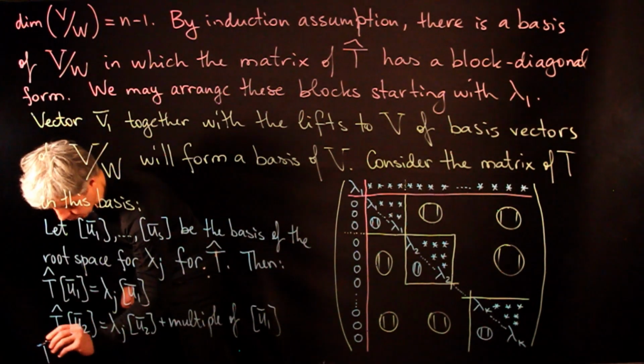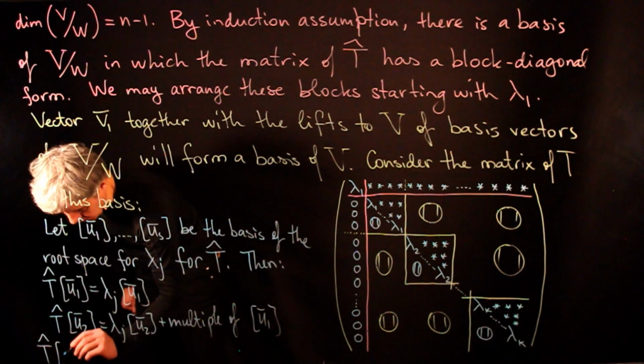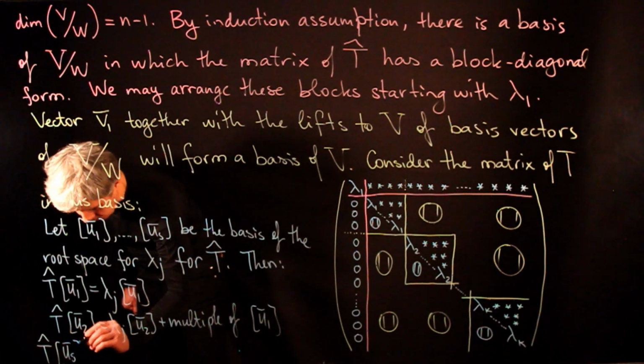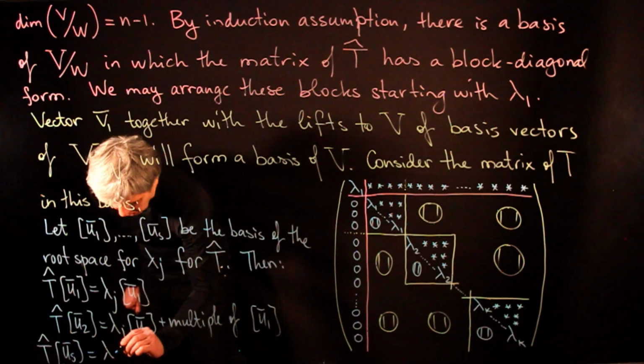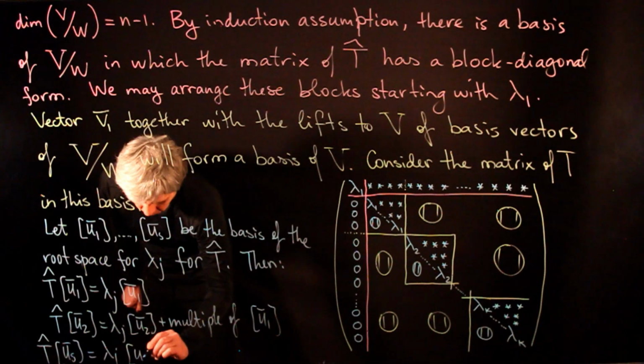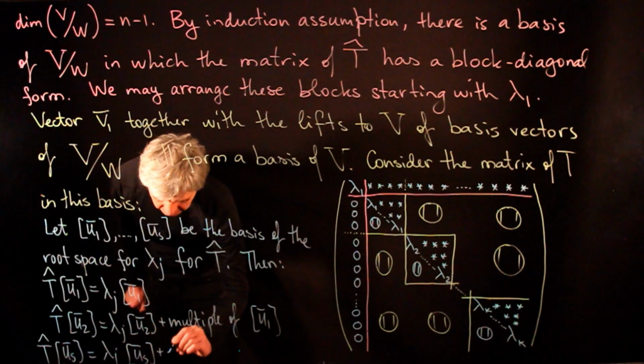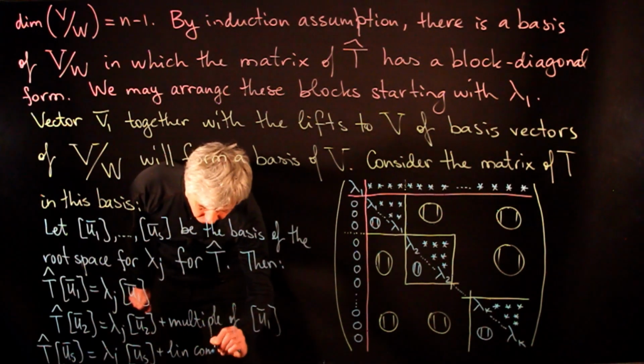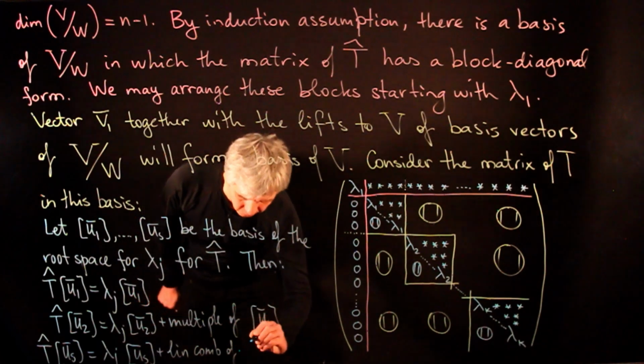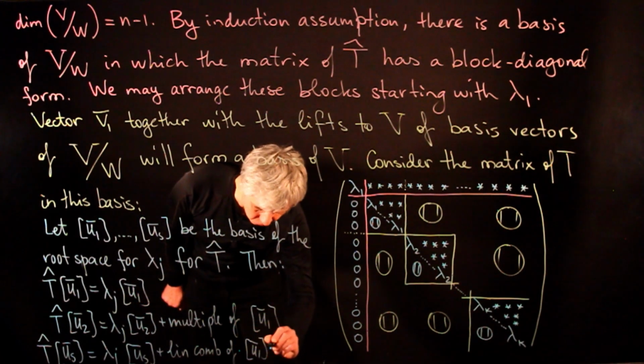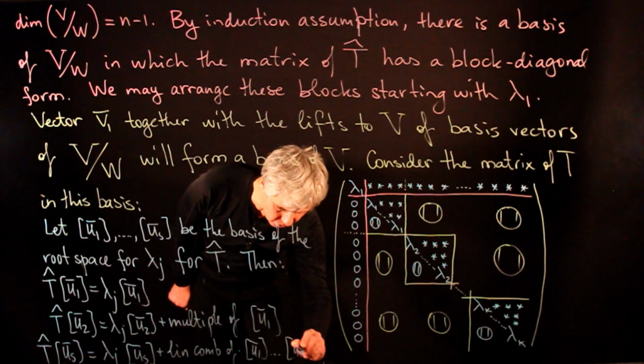And so on, when we apply T hat to the last basis vector us, then we get lambda j times us plus a linear combination of vectors from u1 to us minus 1.